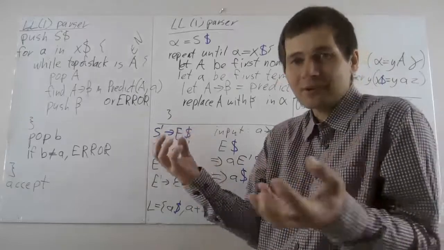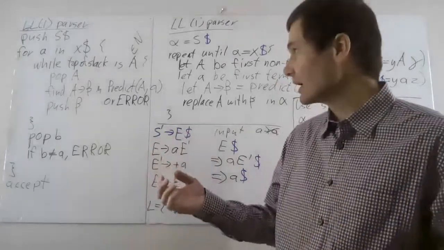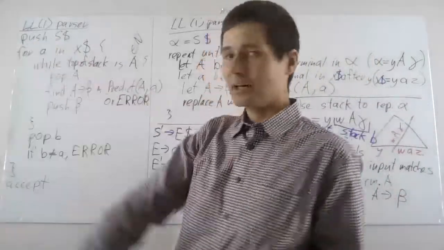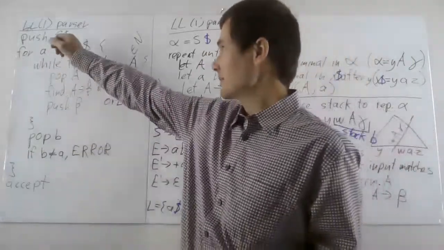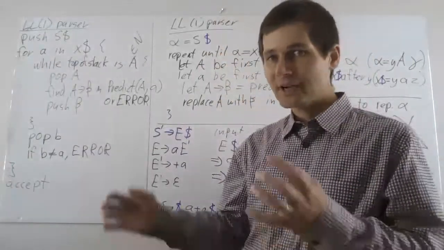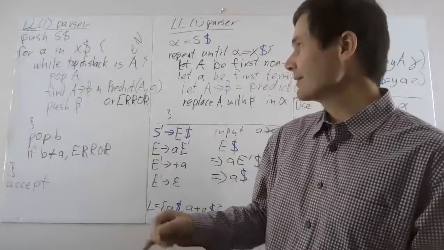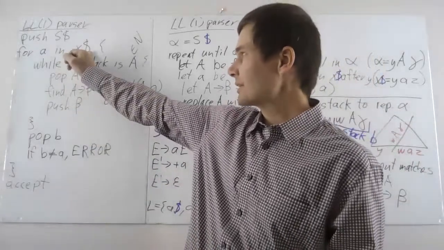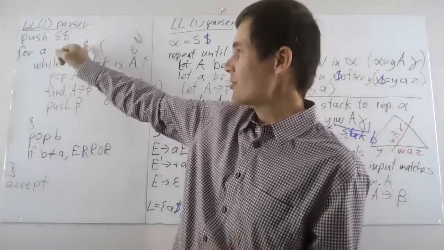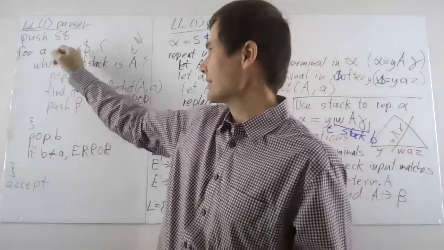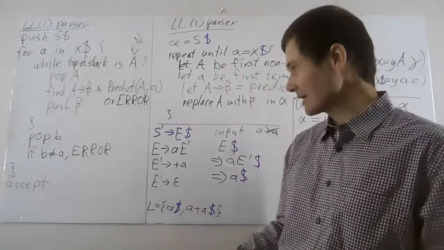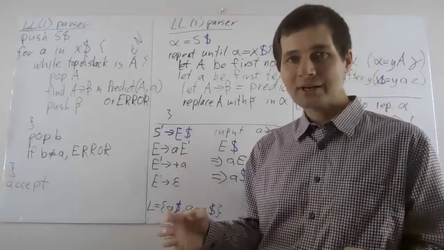I'm only ever changing non-terminals on the stack, but the $ sign is a new terminal symbol, so it can't appear anywhere inside X. It can't appear anywhere inside the grammar.